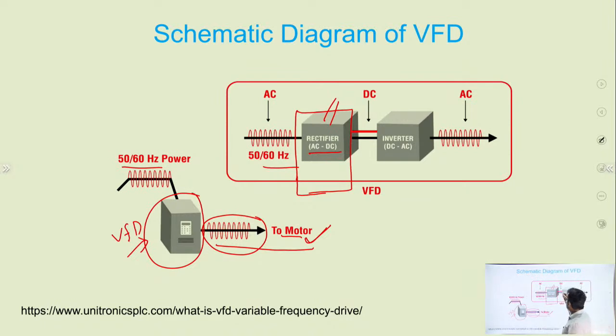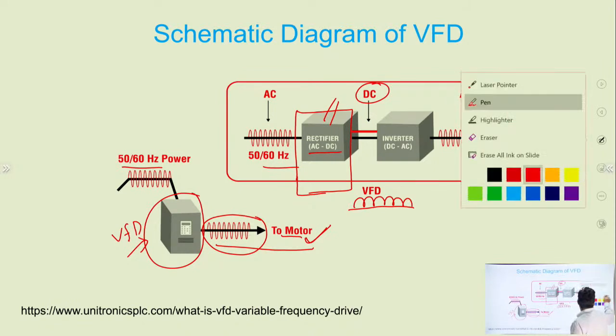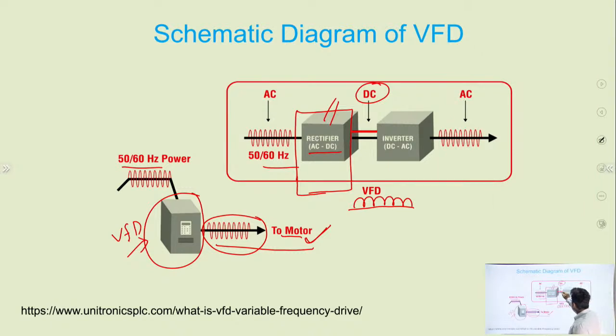So we get the DC voltage here, of this nature, meaning a fluctuating DC voltage, not a constant DC. We can put a capacitor here.